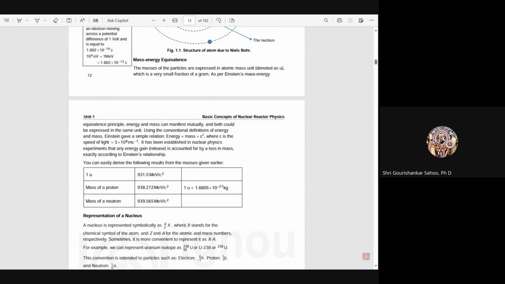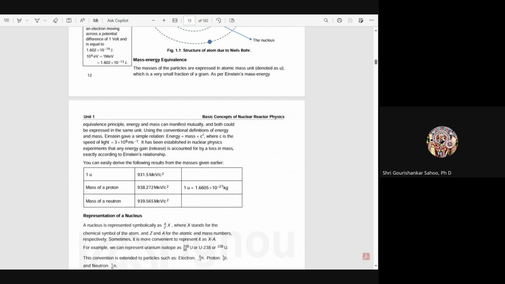In classical mechanics, we have mass in kilogram, milligram, such types of units, and energy in joule or erg, this type of units. But according to Einstein's mass-energy equivalence principle, both energy and mass can be expressed in the same unit.